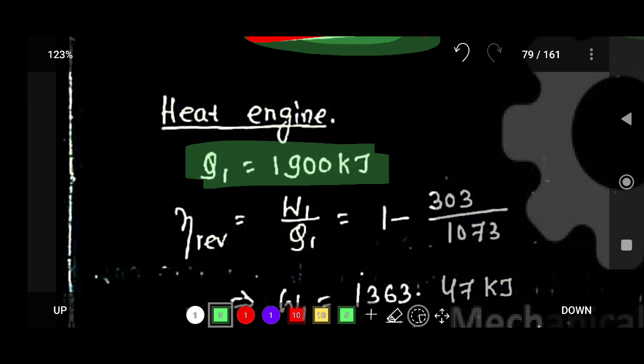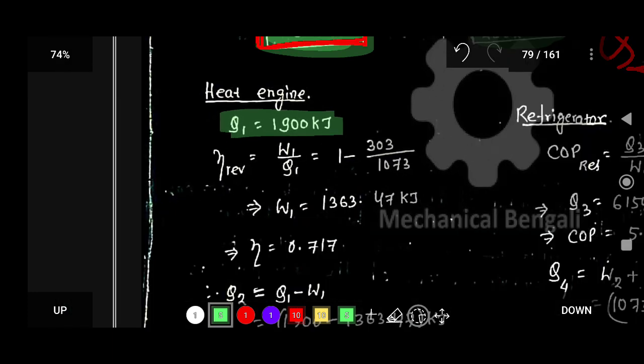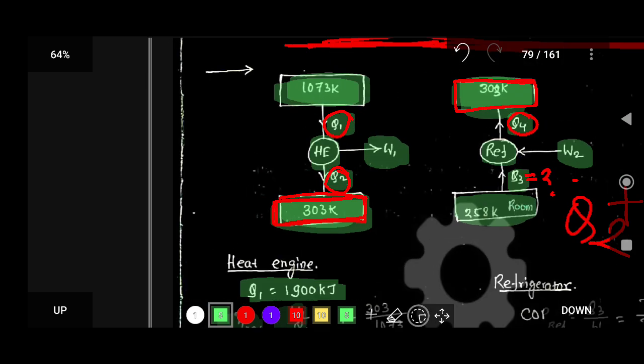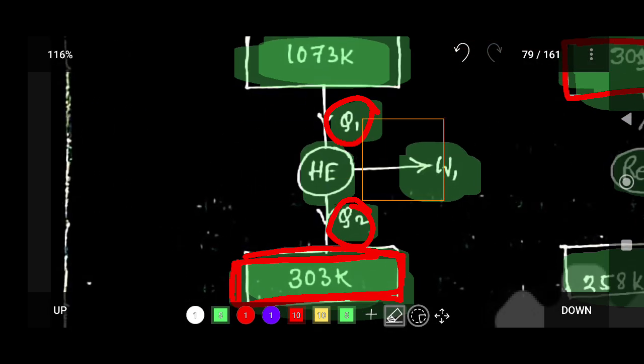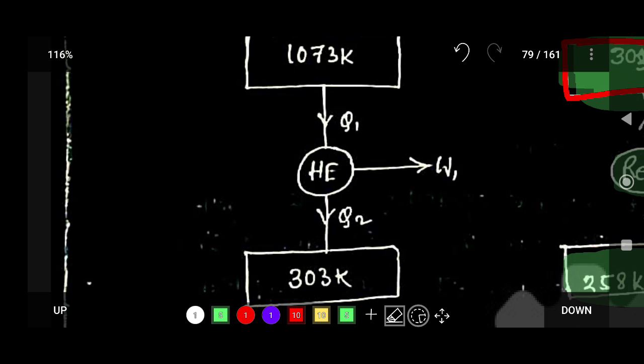Now if you want to calculate the reversible engine efficiency, it is output by input, so W1 by Q1. Q1 is the input and W1 is the output.